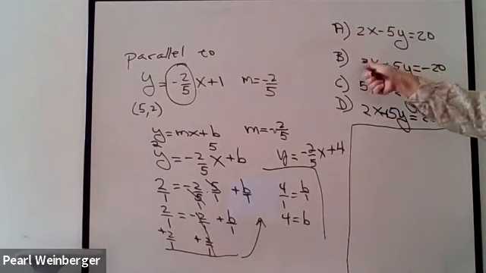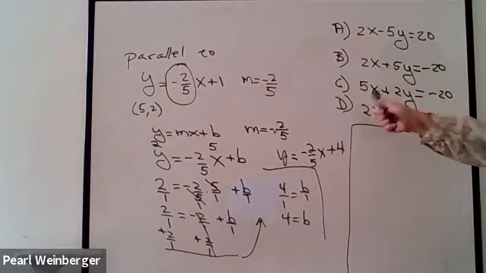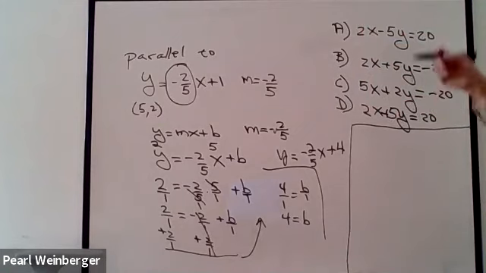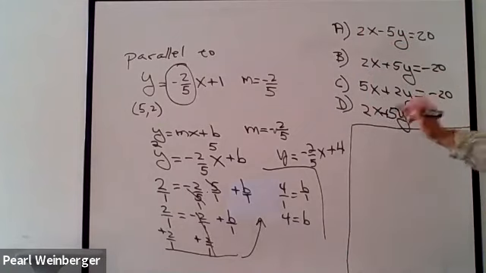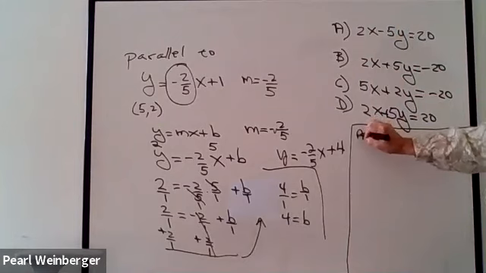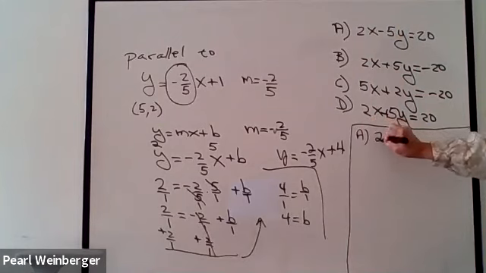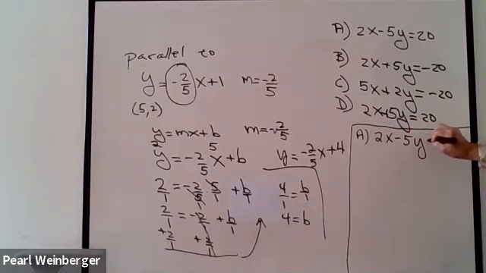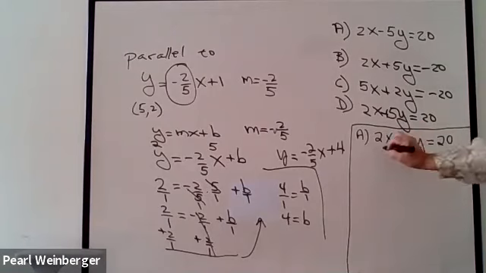These answers that are in standard form are already without fractions. So if I take, for example, A, which is 2x minus 5y equals 20, and I put that in the y equals mx plus b form, I'd have to subtract 2x from both sides.